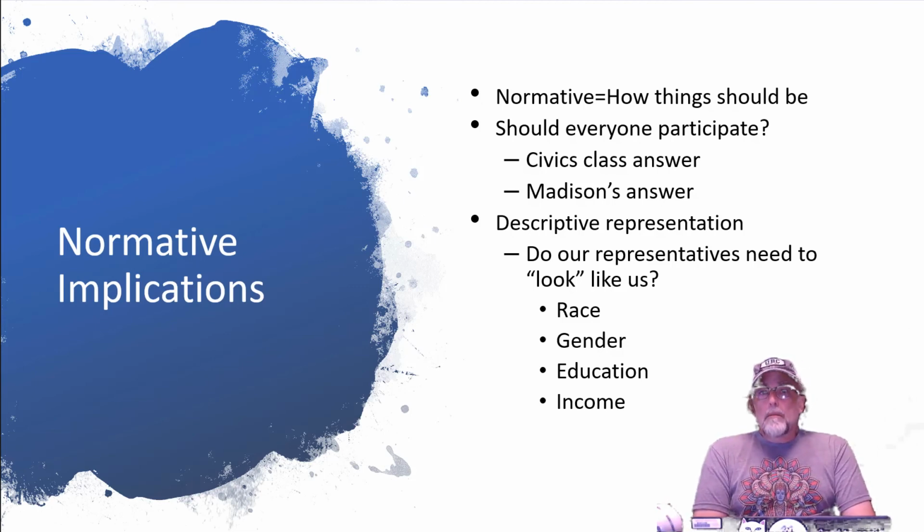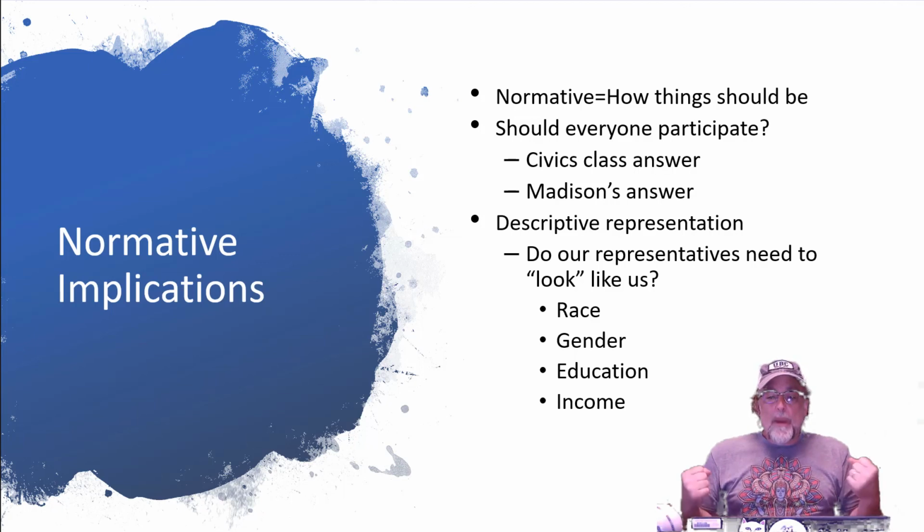From a civics class perspective, we expect that everyone is going to participate. In fact, Madison says we're self-interested, we're going to get involved, we're going to join factions. That's what's going to happen.